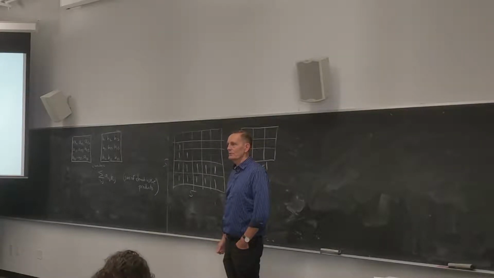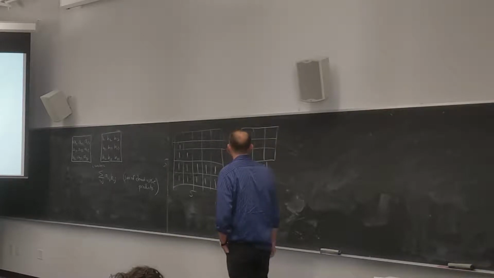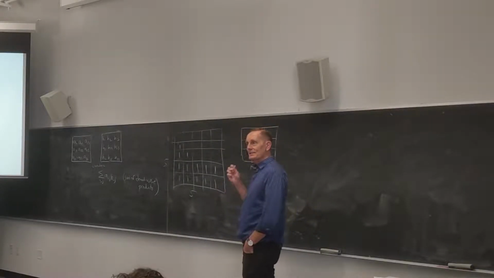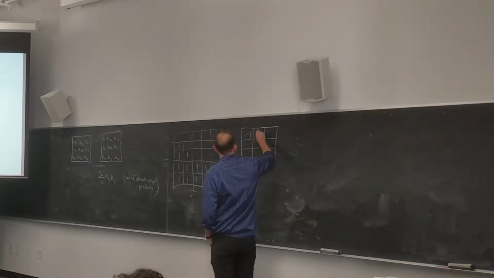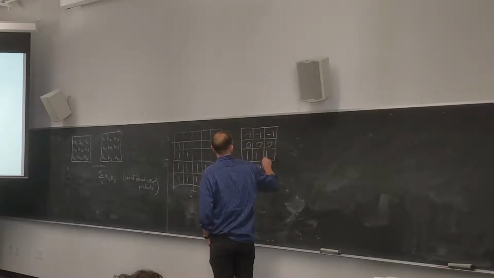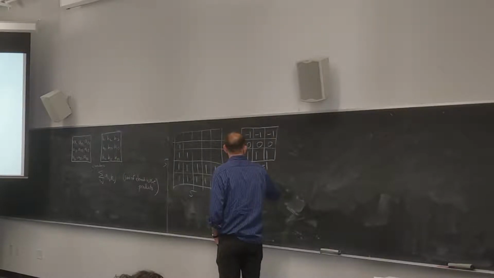So let's look at how we do this in this example. So we pick a special kernel that is designed for horizontal edge detection. So this is a horizontal edge detection kernel.